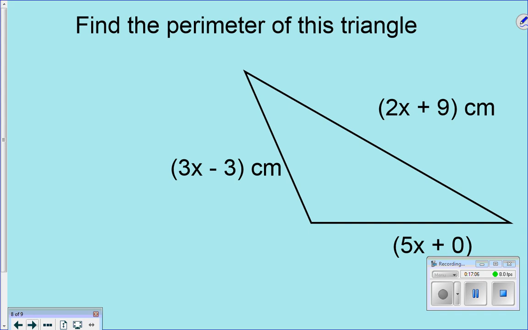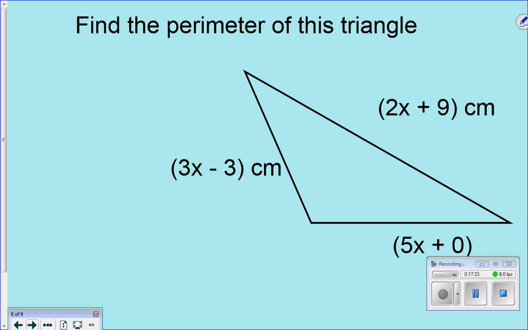Very good. Yep. Negative 3 plus 9. Yep. Good job.